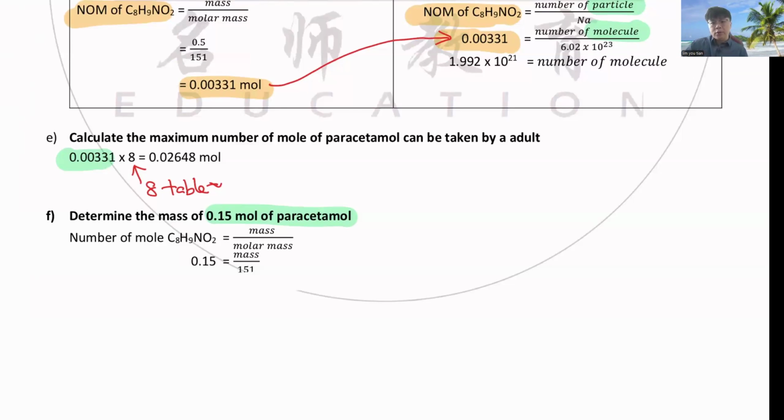I have many videos for Chapter 2 because Chapter 2 is quite okay. They only ask about proton number, nucleon number, isotope, all this. Not very tough. So you take 151 times 0.15, you'll get 22.65 gram.